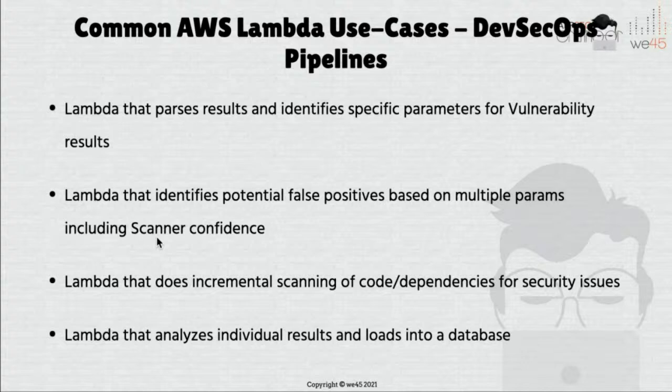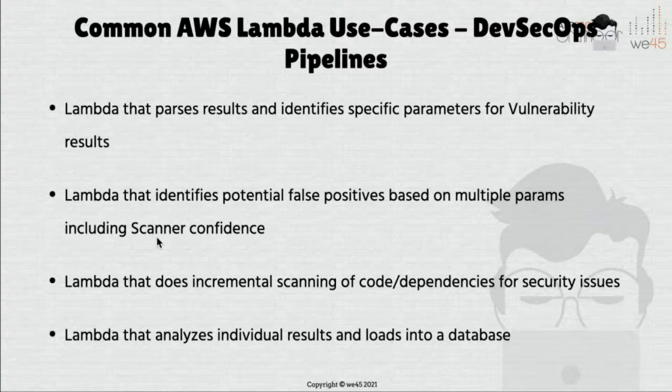When it comes to some of the common use cases, like I previously mentioned, if you want to parse your result file and store it in a database somewhere, you can leverage Lambda for that. And if you want to identify potential false positives, Lambda is something that can try and do that for you as well. Additionally, Lambda also performs incremental scanning.